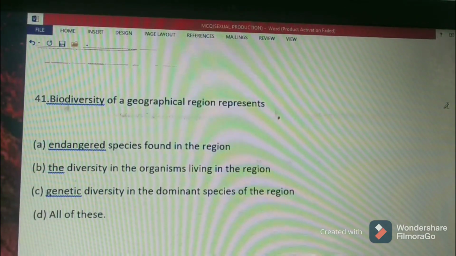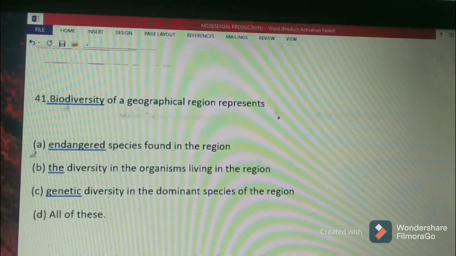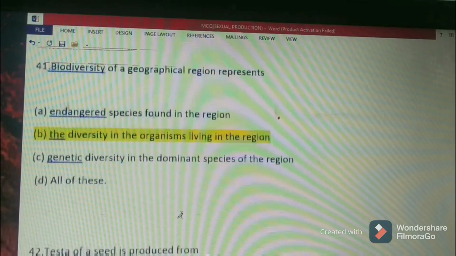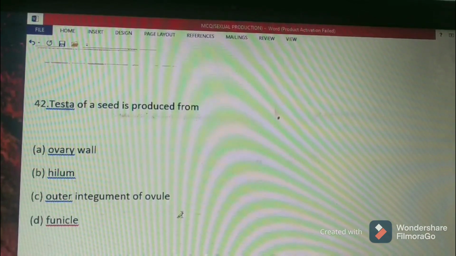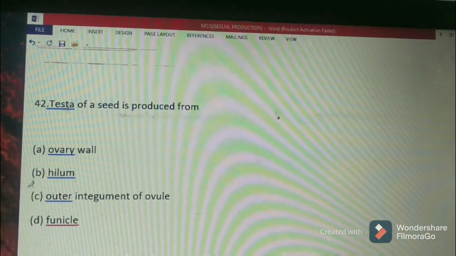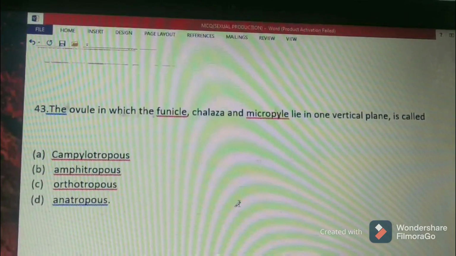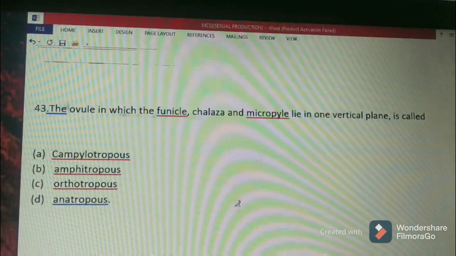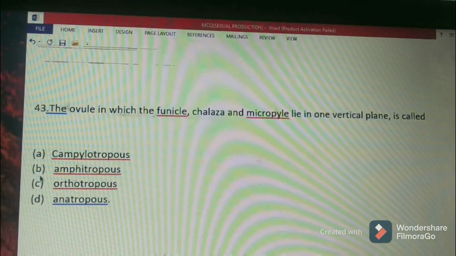Biodiversity of a geographical region represents the diversity in the organisms living in the region. The testa of a seed is produced from the outer integument of ovule. The ovule in which funicle, chalaza and micropyle lie in one vertical plane is called orthotropous.